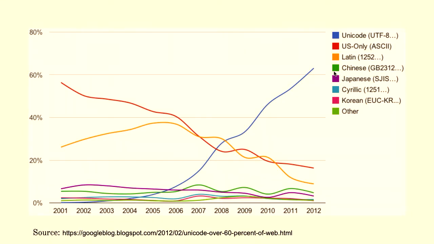And in 2008, it surpassed the usage of old encodings like ASCII and Windows Latin and the other Chinese and Japanese individual encodings. But this graph shows us that Unicode wasn't the standard from the beginning. And Unicode is still a journey for some countries, to change their initial encoding from something that they invented themselves into the standard that everyone accepts.